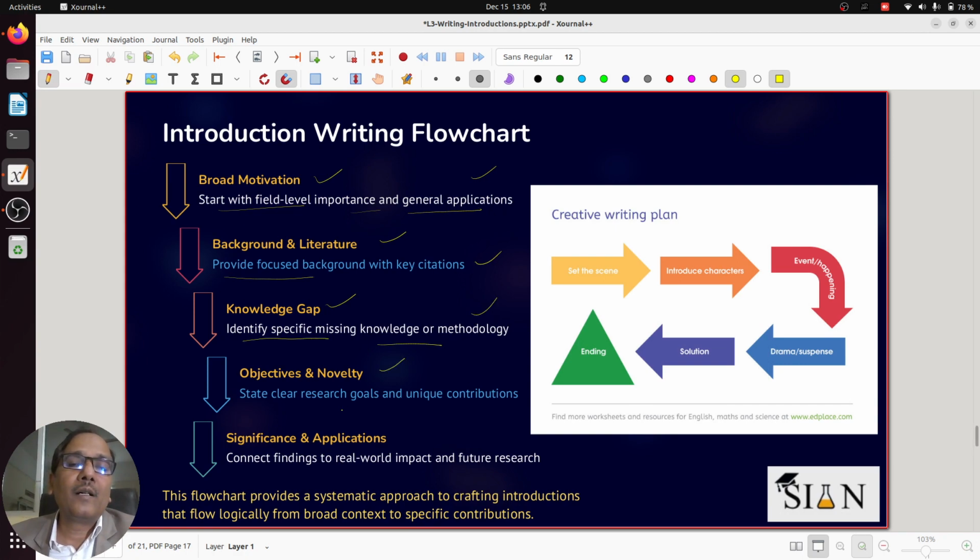Then we give the objective: state a clear research goal and a unique contribution. Then significance and application: connect current findings to real-world impact and future research. So this flow chart provides a systematic approach to crafting an introduction that flows logically from broad context to a specific contribution.